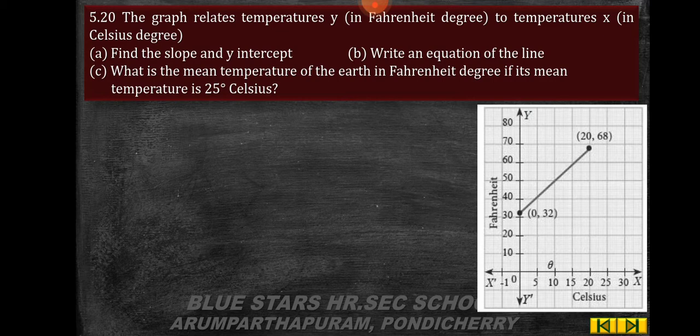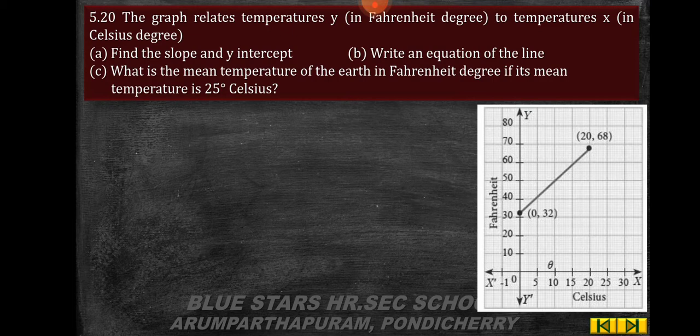Then next, example 5.20. The graph relates temperature y in Fahrenheit degrees to temperature x in Celsius degrees. First A, find the slope and y-intercept. So in the first subdivision you have to find the value of slope and y-intercept.